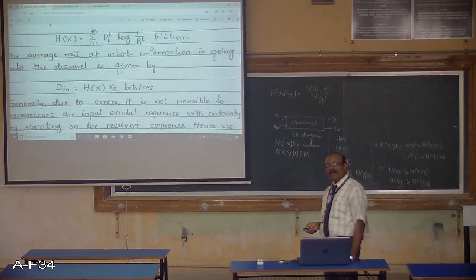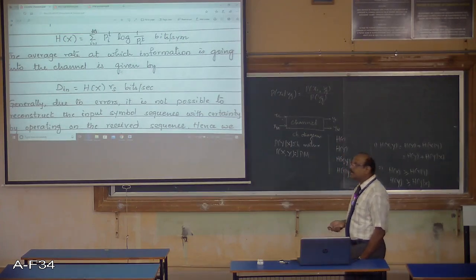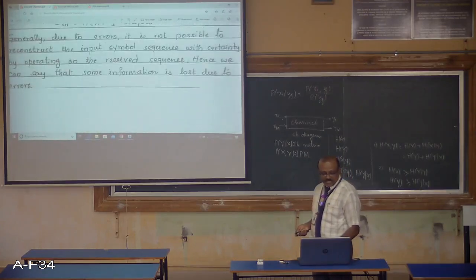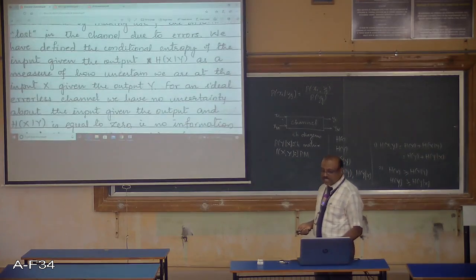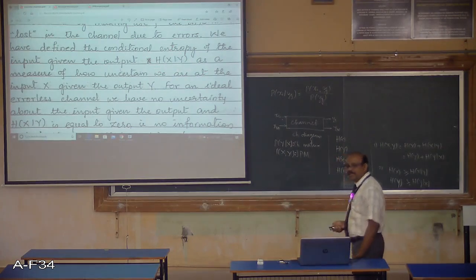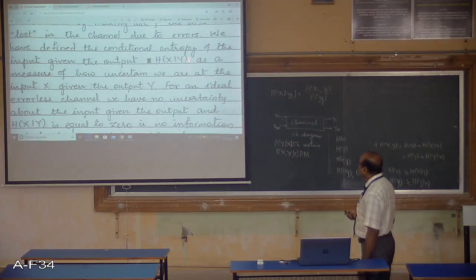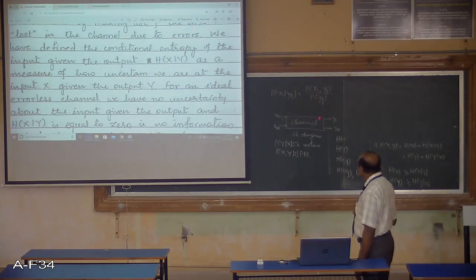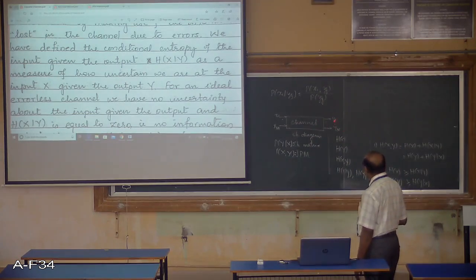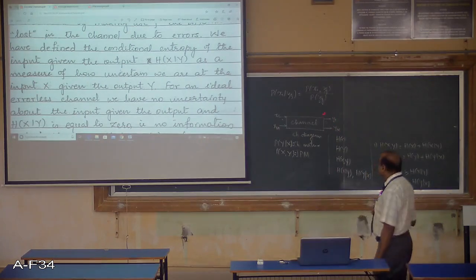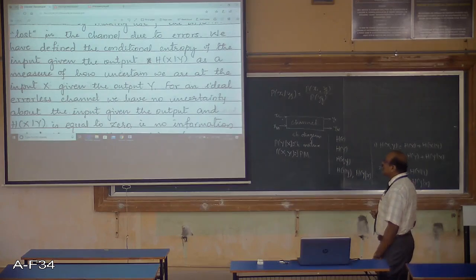So there is a certain amount of uncertainty in reconstructing the information at the output because of errors. Now, how is that uncertainty represented mathematically? Uncertainty is expressed in terms of H(X|Y), H of X given Y. What this indicates is that because of errors, there is no certainty of reconstructing the original information at the output.